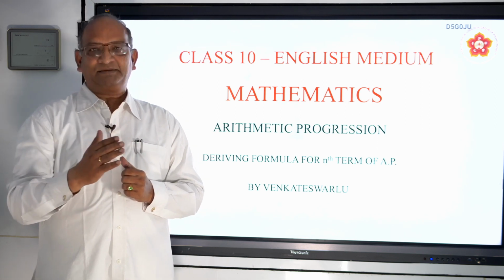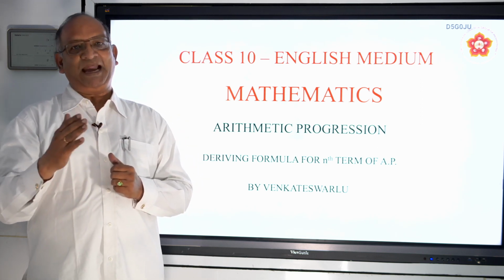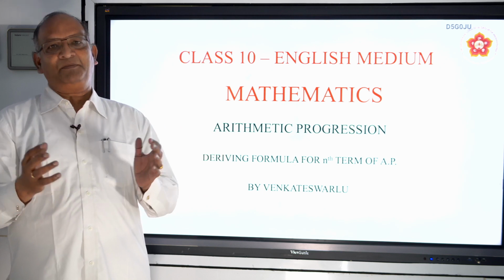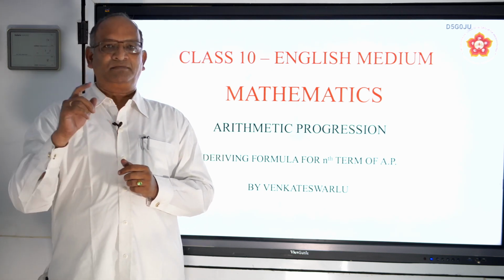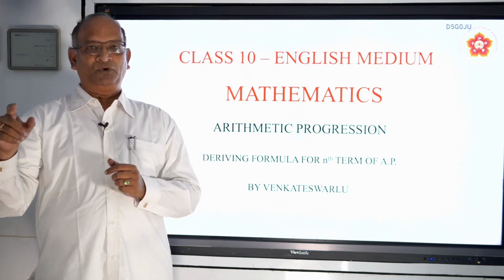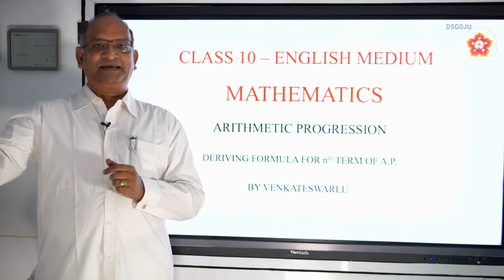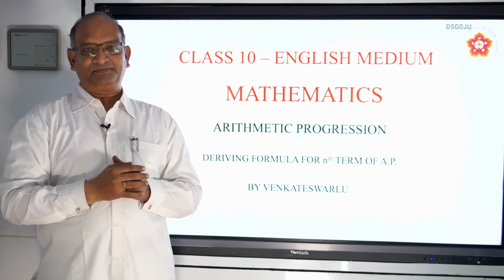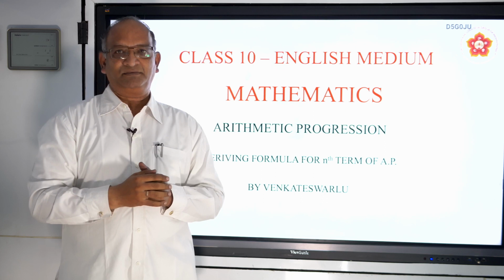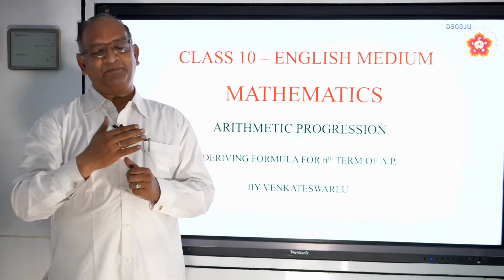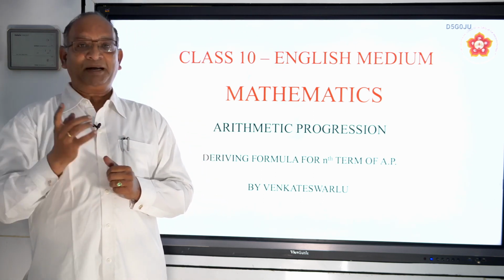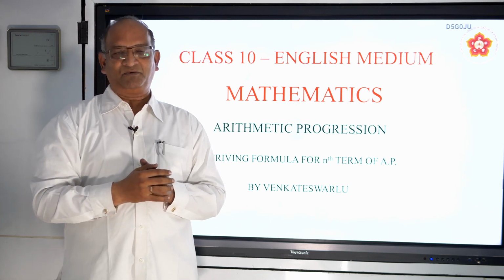If the numbers which are added differ, take for example a sequence 1, 2, 4, 8, 27, etc. It is also a sequence. Why is it a sequence? Because the numbers are in ascending order. But it is not an arithmetic sequence. Why?